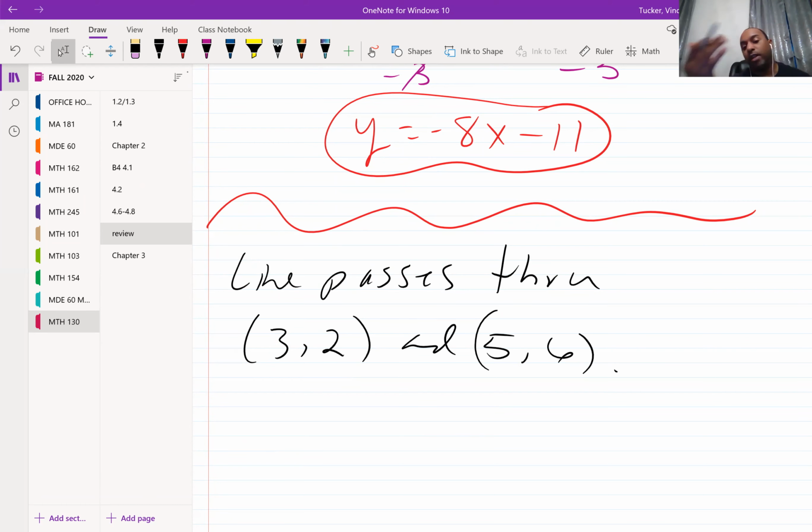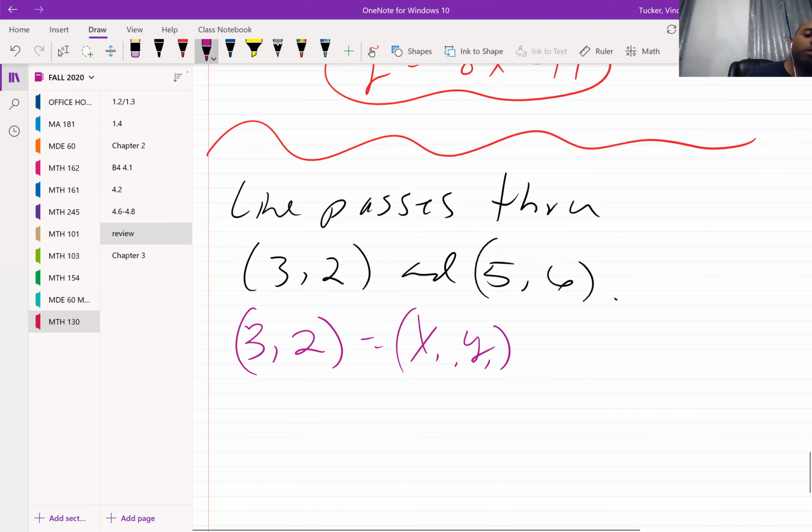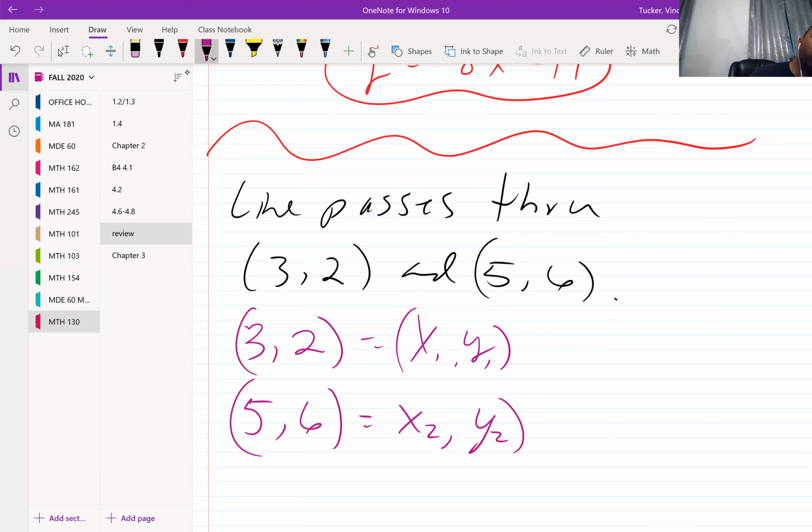This time they didn't give us a slope, but they gave us 2 points. So what we can do is use these 2 points to find our slope, then go back to our formula. So we call the first point x1, y1. Second point x2, y2.